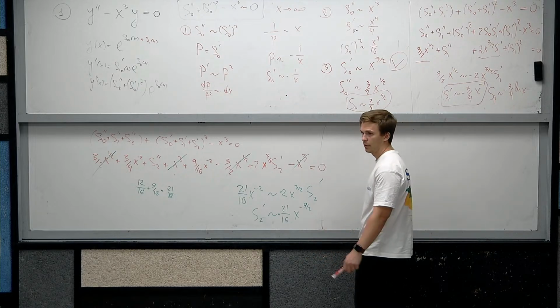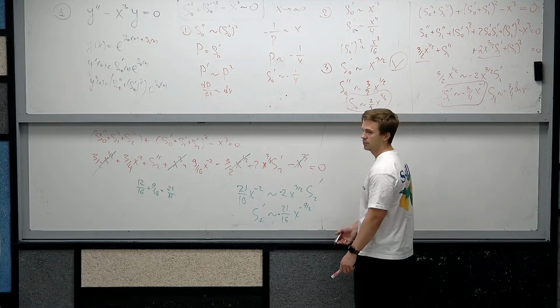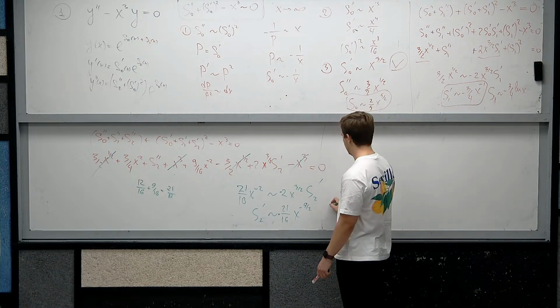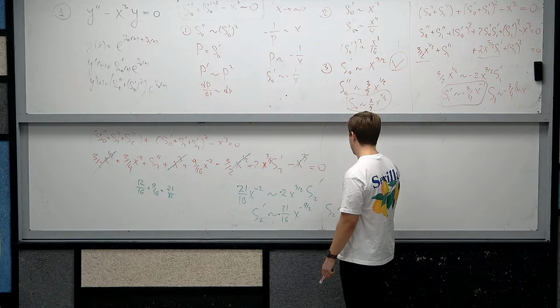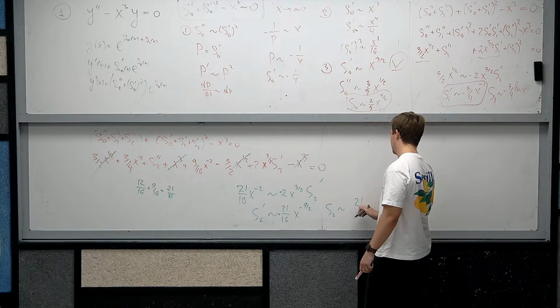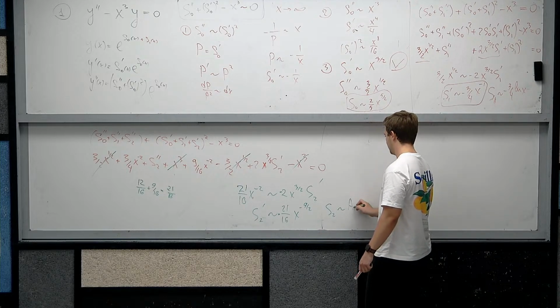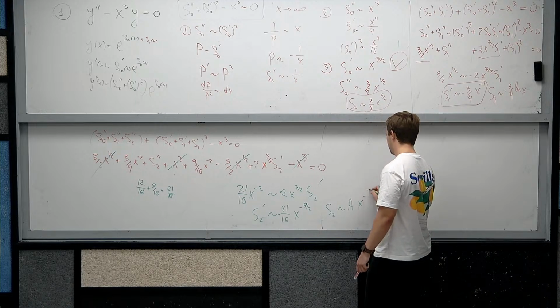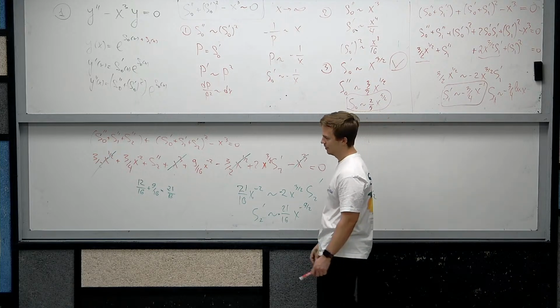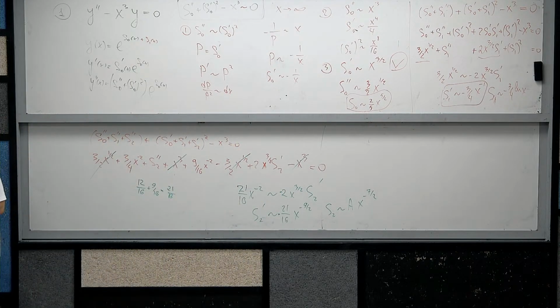And after integration, you can see that it goes to 0 when x goes to infinity. I'm too lazy to calculate these factors, but you can see that it's a constant times x to the minus 7. So you believe me. Okay.